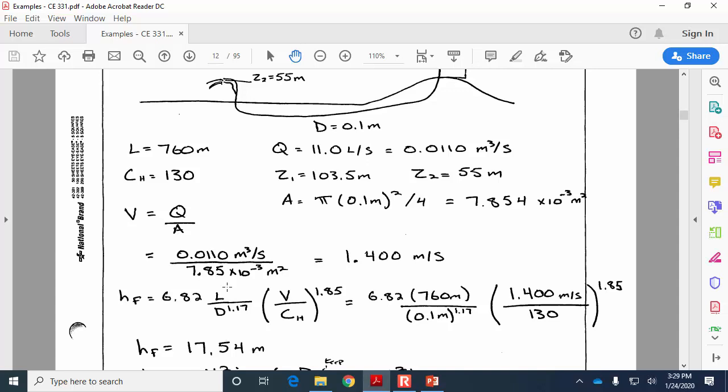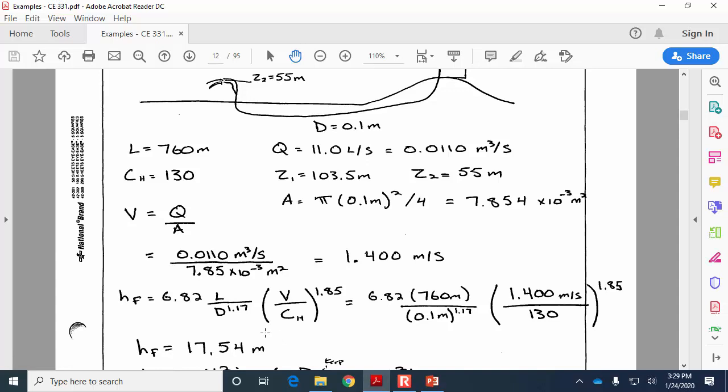In the energy equation, there's the pressure head, elevation head, and velocity head. The energy can be in one of those three places. And as the water's flowing through that length of pipe, 760 meters of pipe length, 17.54 meters of head loss will occur.